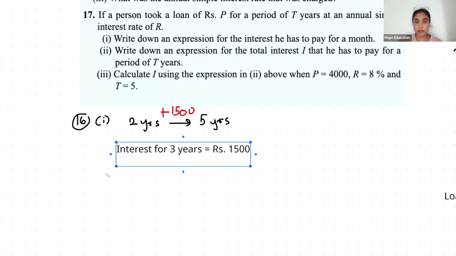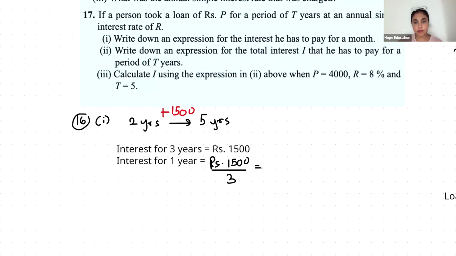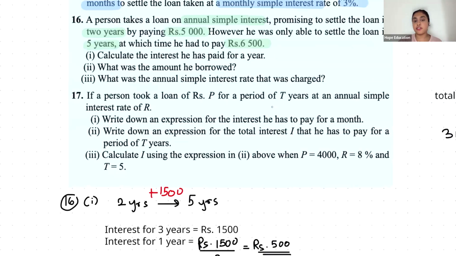You have to divide 1,500 by 3. 3 years is 1,500, so for 1 year that would be 500 rupees. Calculate the interest he has paid for a year, that is 500 rupees.